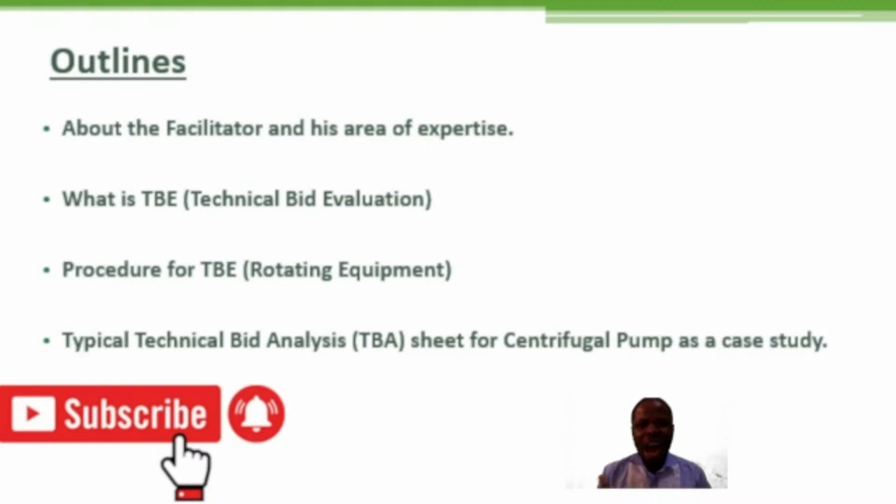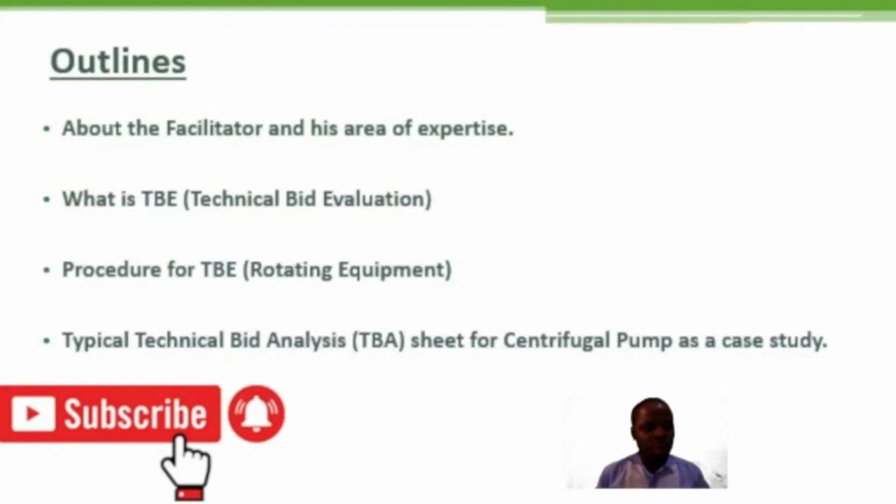So the outline for what we have for today is, for those that are getting to know me for the very first time, I'm going to tell you a little about myself as the facilitator and my area of expertise. After that, we'll look at what is technical bid evaluation. Then we'll look at the procedure for carrying out technical bid evaluation, considering rotating equipment with a case study on centrifugal pumps.